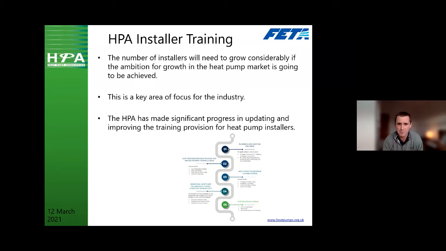And this is just a really key area of focus for the industry. We've been working recently and made significant progress on developing a new training course for heat pump installers, and we're hoping to launch that within a few months' time, that really updates the content and hopefully allows a lot of current gas engineers or fossil fuel boiler installers the ability to transfer over and upskill to be able to install heat pumps and make the most of their skills already.